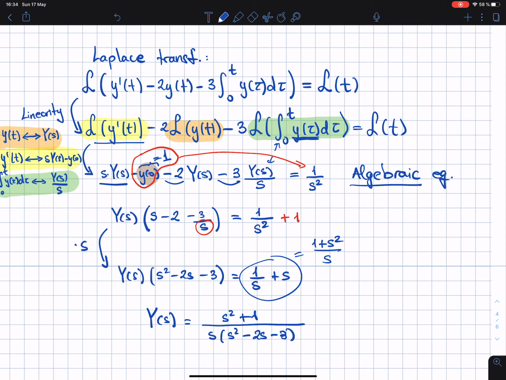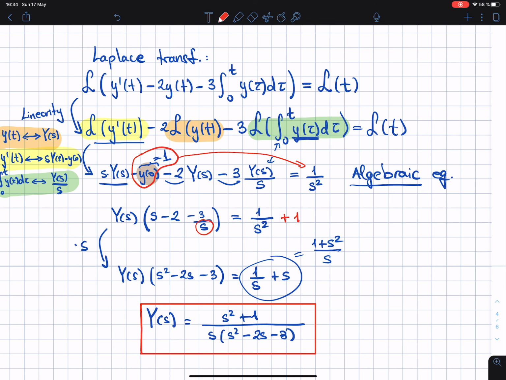If you want, we can box this. This is the solution of our integral differential equation, but it's the solution in the frequency domain. So somehow this is the solution, but we want to write down the solution in time domain.